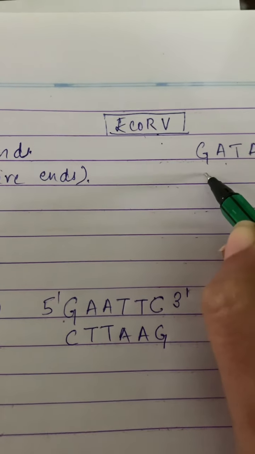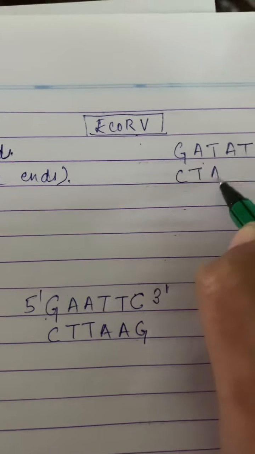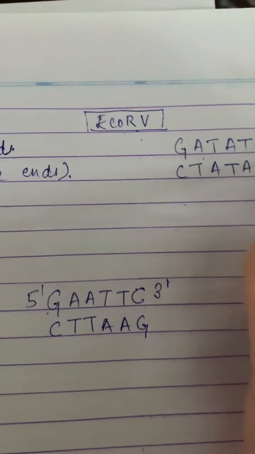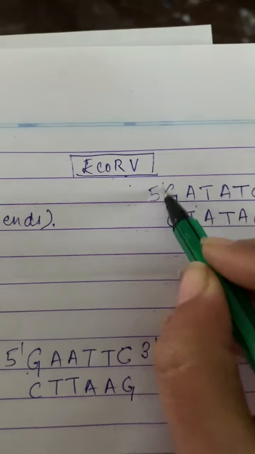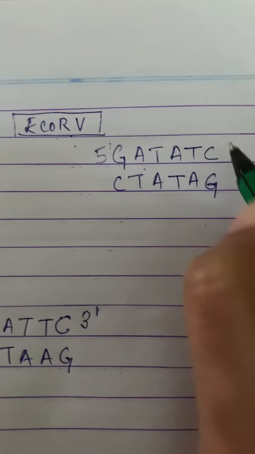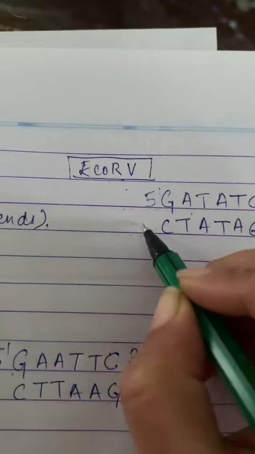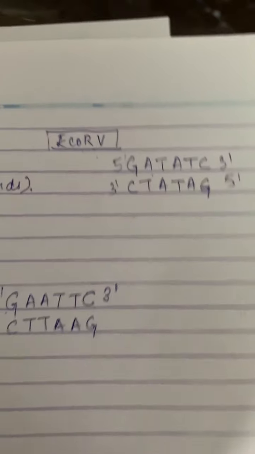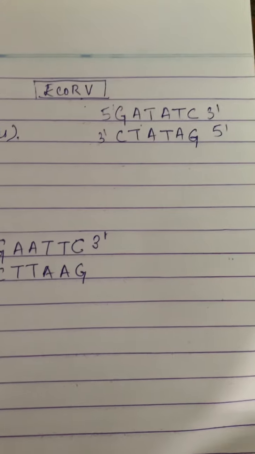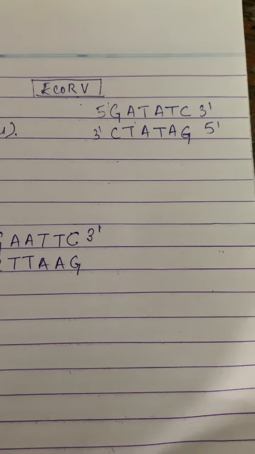The complementary sequence will be CTATAG. The first sequence is from 5 prime to 3 prime, and the second is from 3 prime to 5 prime. Its complementary sequence is in the opposite, anti-parallel direction.